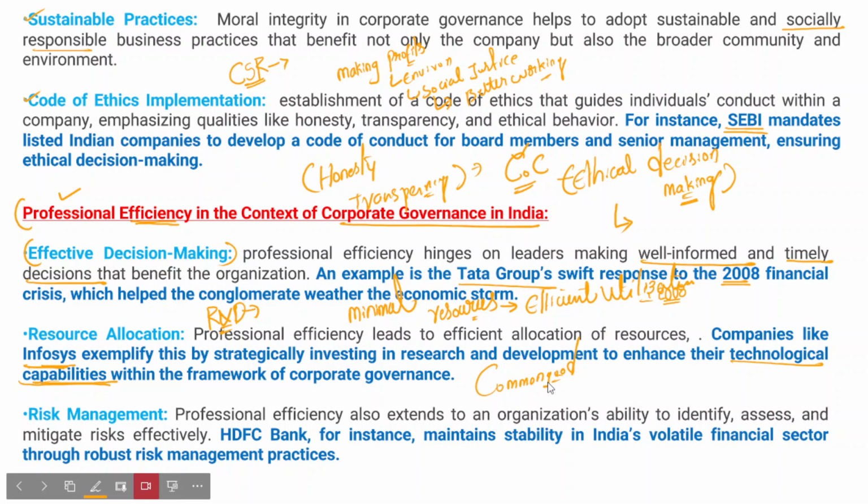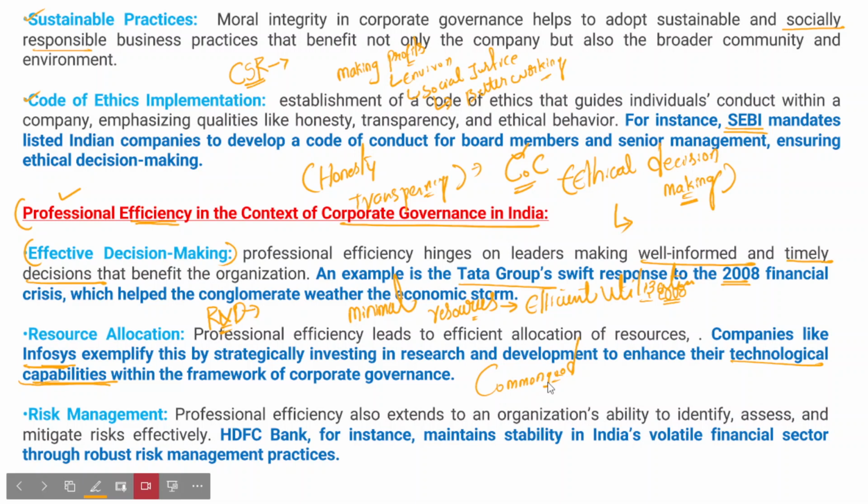And the third point, in corporate governance with respect to professional efficiency: professional efficiency actually helps companies in identifying and also assessing the problems and the risks involved in the overall functioning of a corporate company.